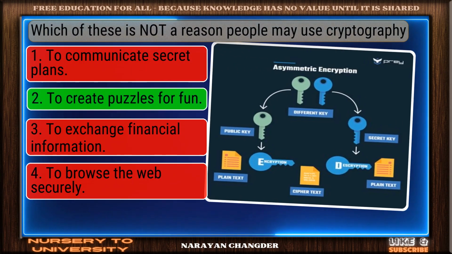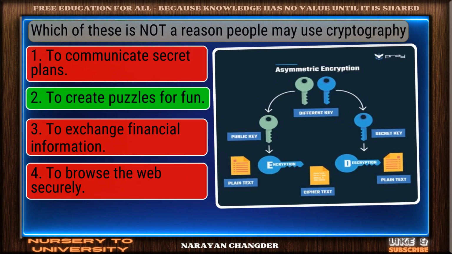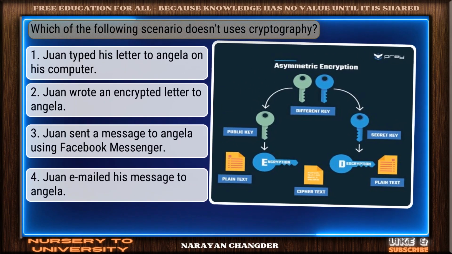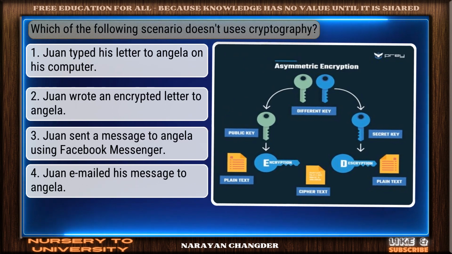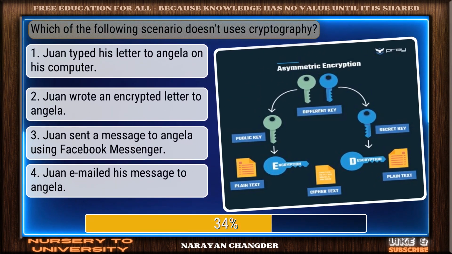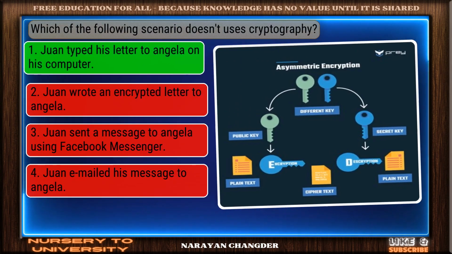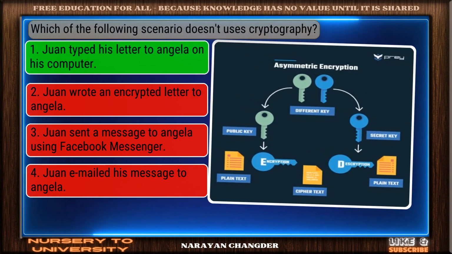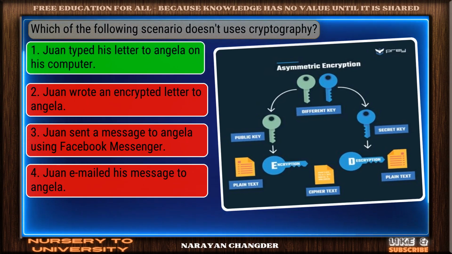To create puzzles for fun is the correct choice. Question number 30. Which of the following scenario doesn't use cryptography? Good thinking. Jawan typed his letter to Angela on his computer is the right answer.